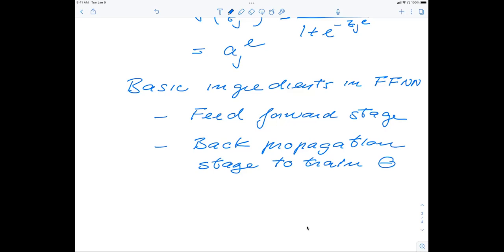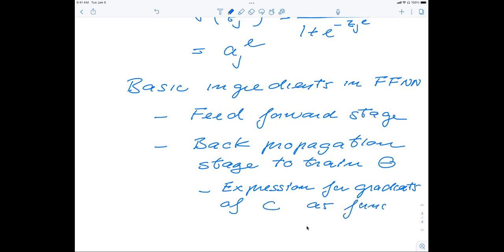Now this has two basic elements. One is what's called the back propagation algorithm. And the back propagation algorithm is actually a way, via the chain rule, to calculate expressions for the gradients. So that gives you the expression for gradients of the cost function C as a function of the various layers.